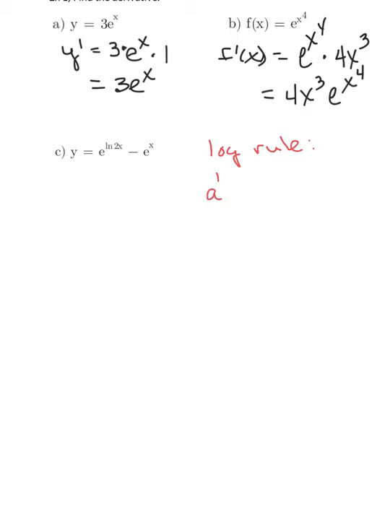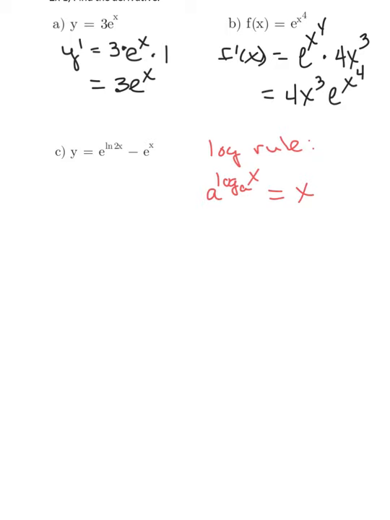A raised to the log base a of x equals x. When you have a logarithm as an exponent that is the same base as the base of the exponent, the effect is that they offset each other, they cancel each other out, if you will, and what's left is just the argument.